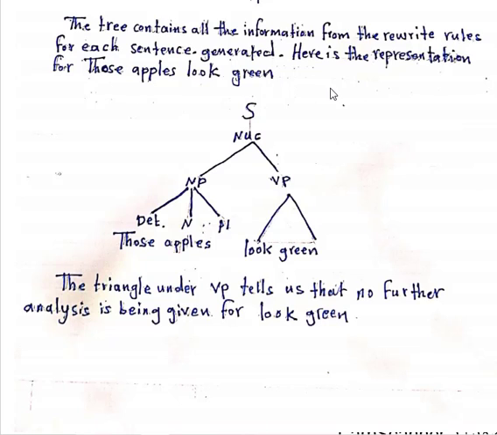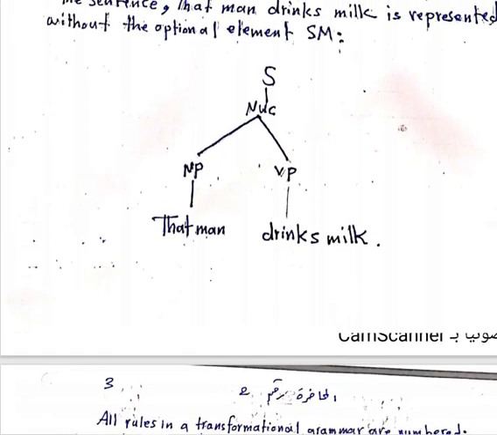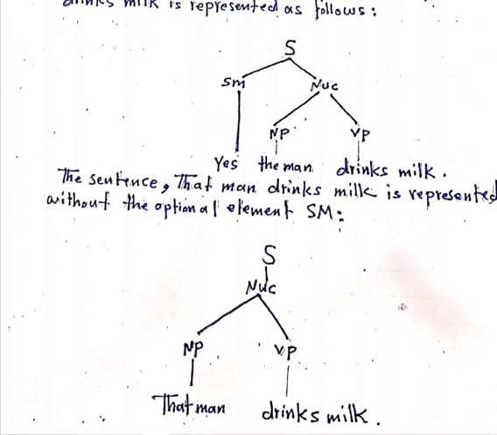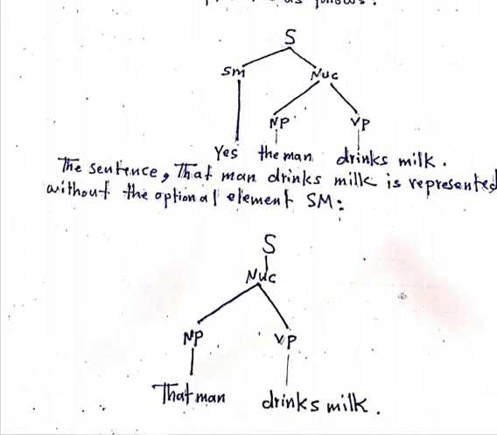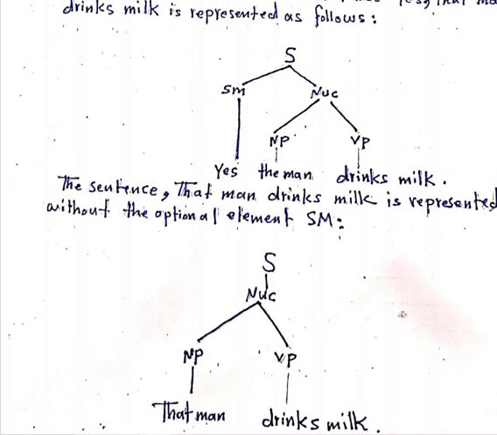In this tree, we get phrase structure 1, phrase structure 2, and phrase structure 3, all of them which we mentioned above. But in the other diagram, we do not get all of the phrase structures.